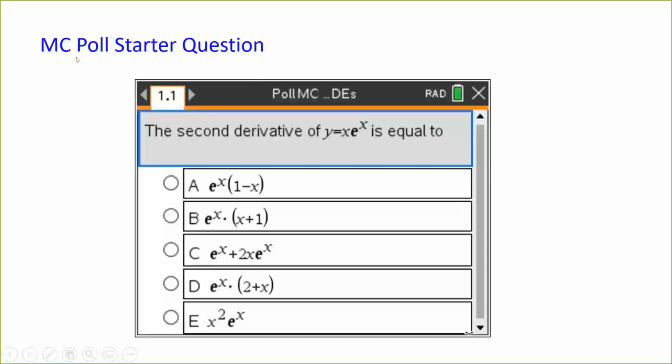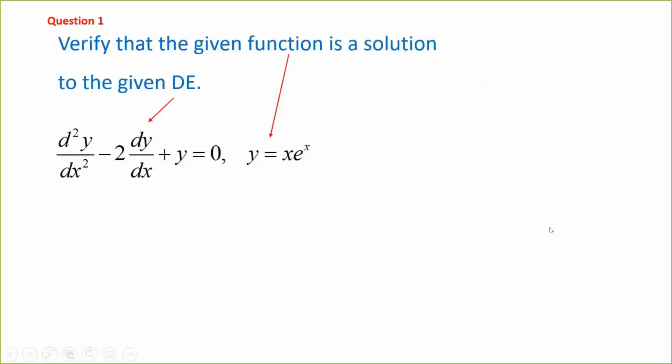So you could see the multiple choice SAC question trying to differentiate y equals x times e to the power x twice to find the first and the second derivative. Why do we need this? We need this when we are to verify that the given function, in this case y equals x times e to the power of x, is a solution to this differential equation, d2y on dx squared minus 2 dy dx plus y equals 0.